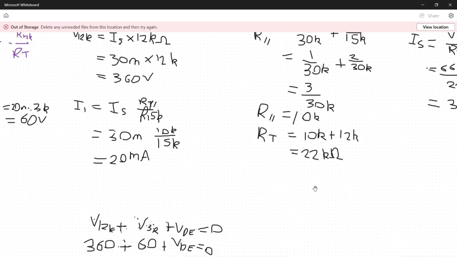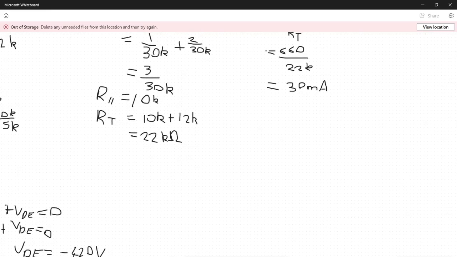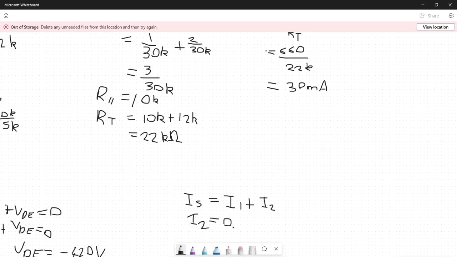So let's use the latter one, and we're going to say that the current going into a node is equal to the current going out of the node, which means that I2 is going to equal 30 milliamps minus 20 milliamps.